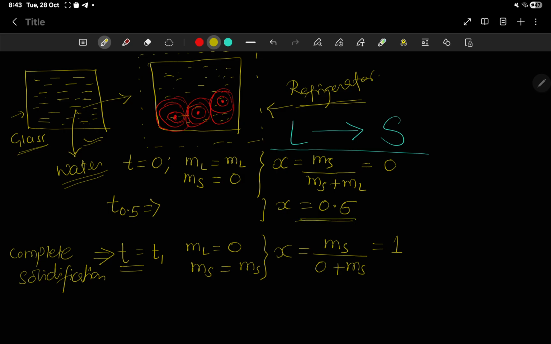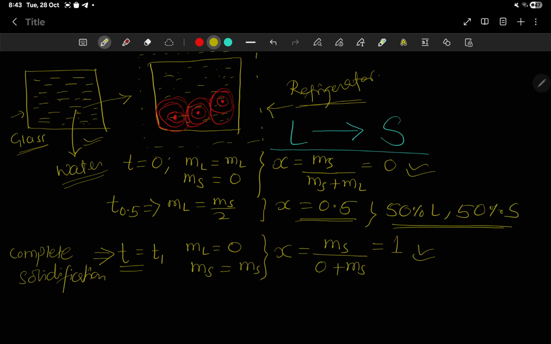Okay, so we are taking two end points and we are considering one intermediate point where 50% we will get liquid and 50% we will get solid.